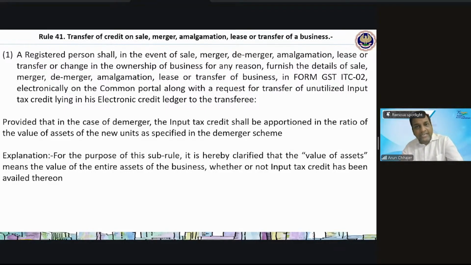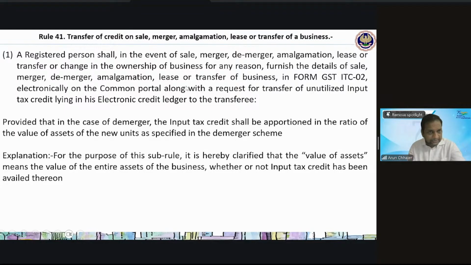Provided that in case of the demerger, the ITC shall be apportioned in the ratio of the value of the assets of the new unit as specified in the demerger scheme. For the purpose of this rule, it is hereby clarified that value of the asset means the value of the entire asset of the business, whether or not ITC has been availed.